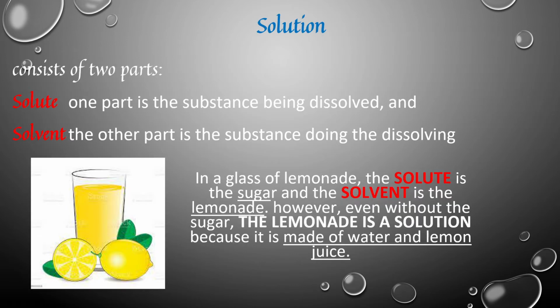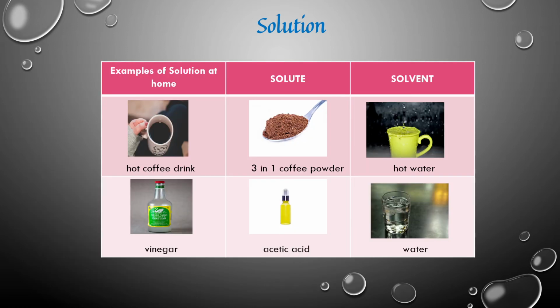So, gaya ng sabi ko kanina, ang solution ay consist of two parts. The solute and then the solvent. Pag sinabi natin solute, siya yung natutunaw or yung nawawala. Pag sinabi natin solvent, siya naman po yung tumutunaw. Here's an example of solution. So, meron kang coffee drink.